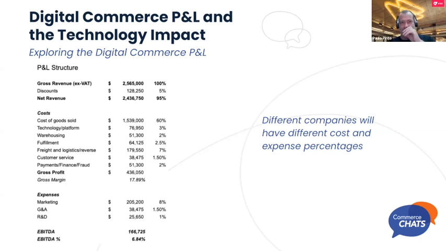Let's say we are selling a very low margin product. Your cost of goods will be much higher. If you're in a high margin, then cost of goods is lower. And if it's really heavy and a big volume, freight could be much more than 7%. So it all depends on the company and the type of industry.